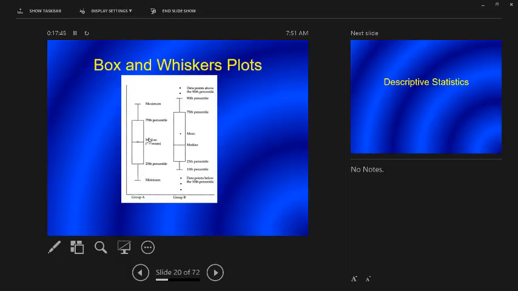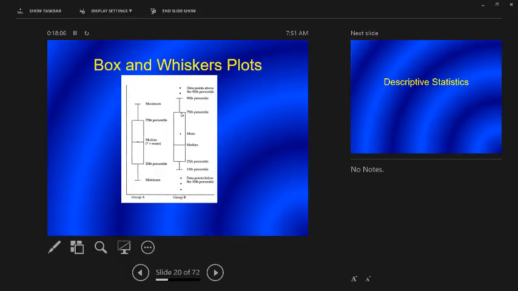But what I have here is what's called a symmetrical distribution, just to foreshadow what we're going to talk about. The mean and median are the same. The 75th and 25th percentile are equally distant from the median. Everything is nice and symmetrical here. As contrasted with this box plot over here for group B, it's not symmetrical, right?